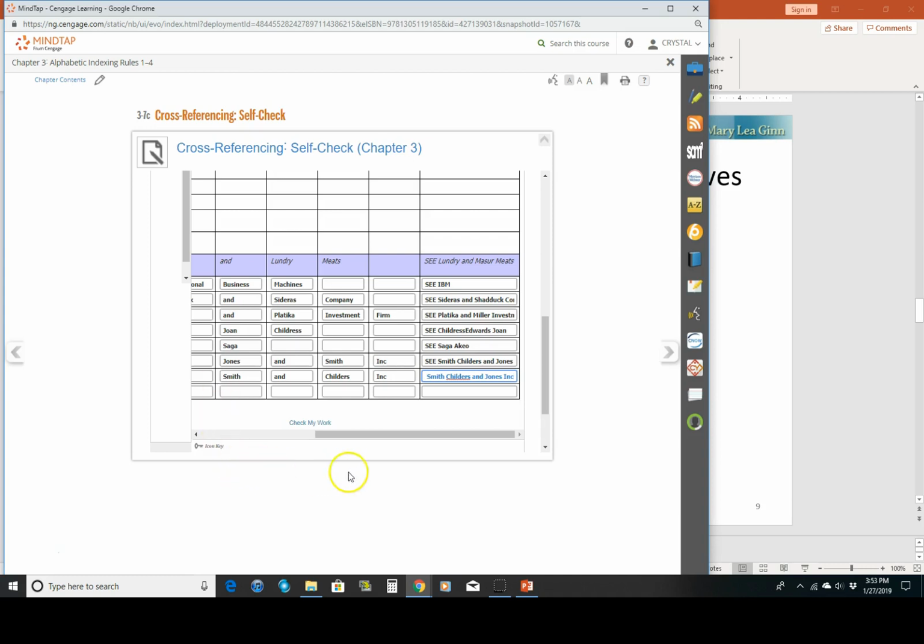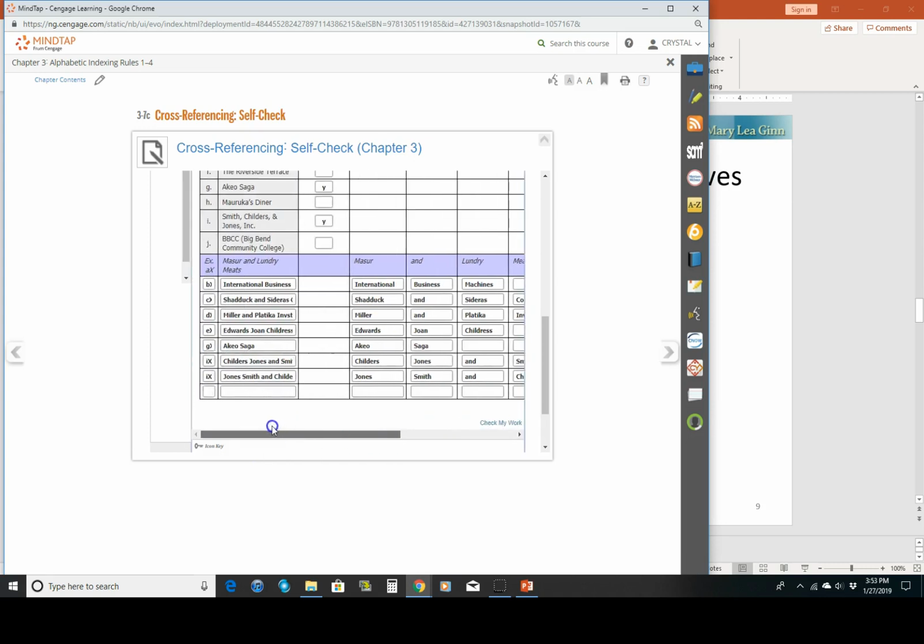Okay. So that takes care of all of the orders in which they could ask for it. They could ask for Childers, Jones, and Smith, or they could ask for Jones, Smith, and Childers.